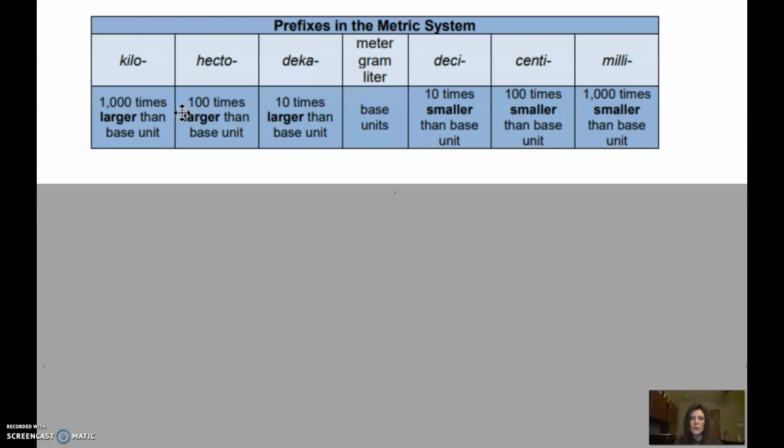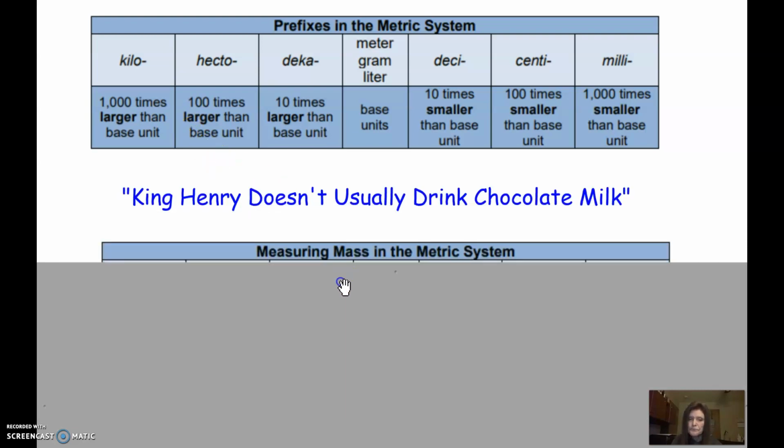The reason this is cool is that when you convert from one to the other, all you're doing is moving the decimal point, because our number system is based on the unit of 10. Here's a fun little saying that I hope will help you with this unit: King Henry doesn't usually drink chocolate milk.